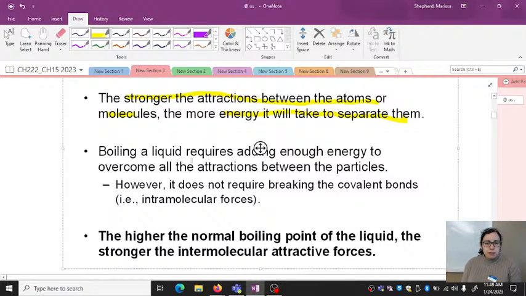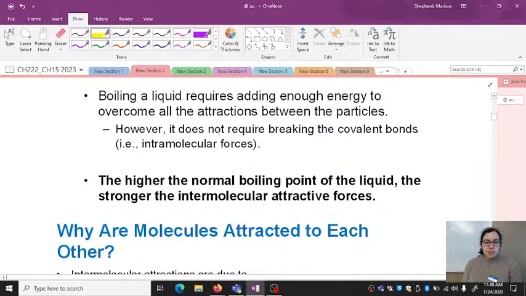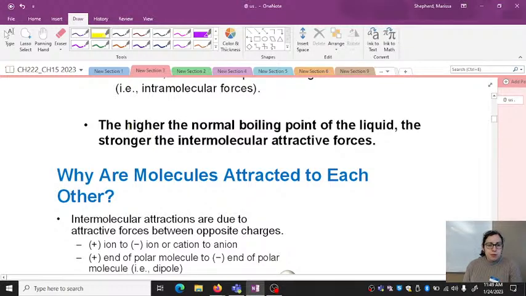Boiling a liquid requires adding enough energy to overcome all the attractions between the particles. However, we're not breaking the covalent bonds, so we're not breaking any intramolecular forces. So the higher the normal boiling point, the stronger the intermolecular forces.